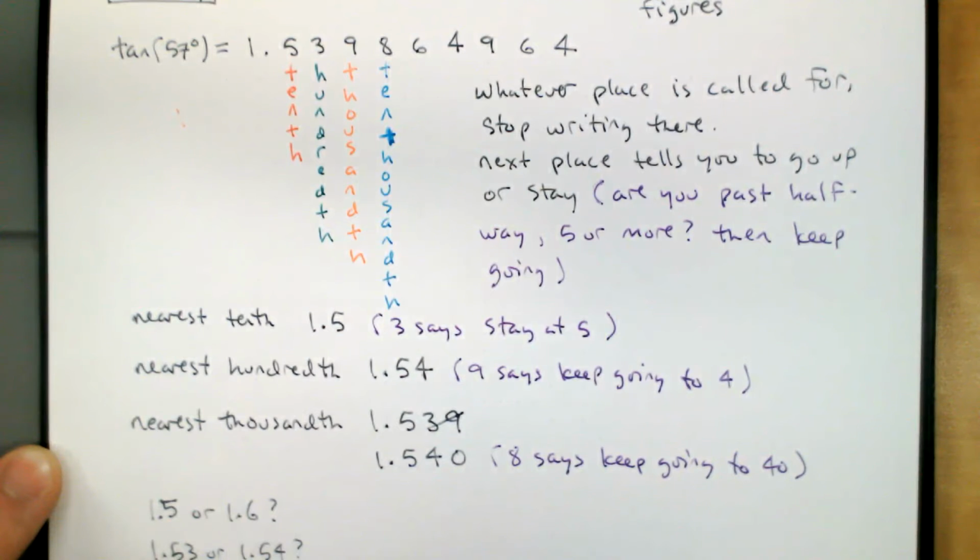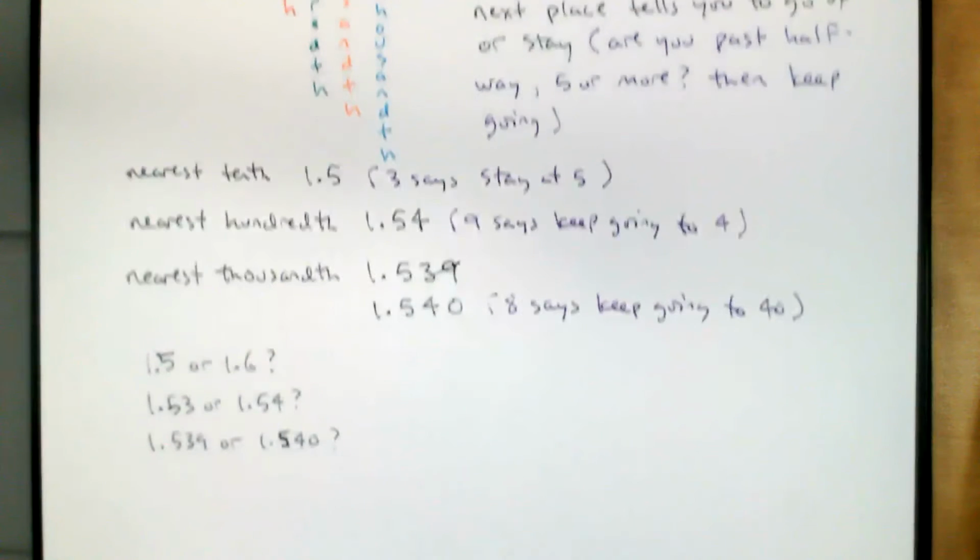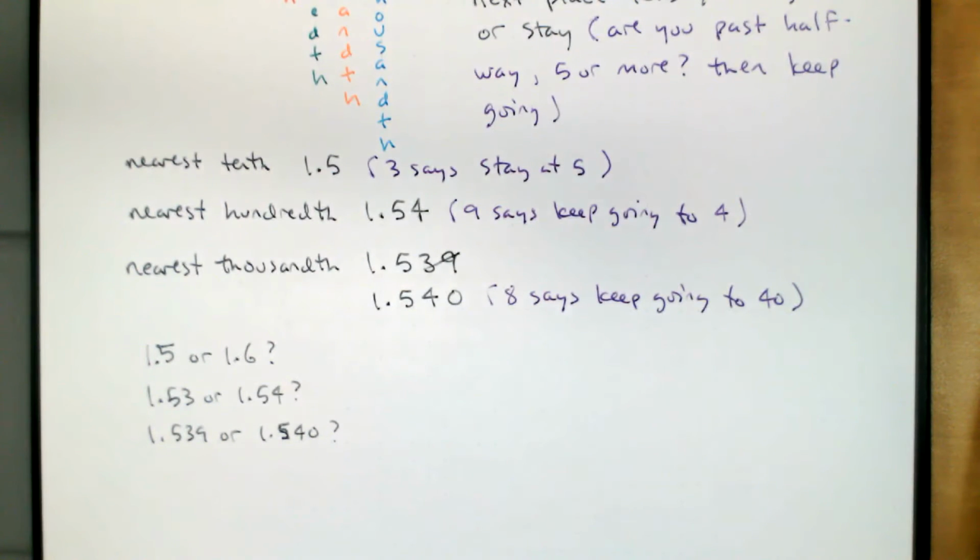The next one is 1.539 or 1.540. Sometimes when it comes down to rounding, if you get confused about how the rounding is going to work, think about the 2 that you're trying to decide between. And that helps sometimes. Any questions?